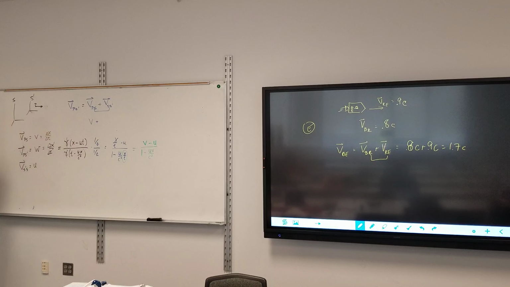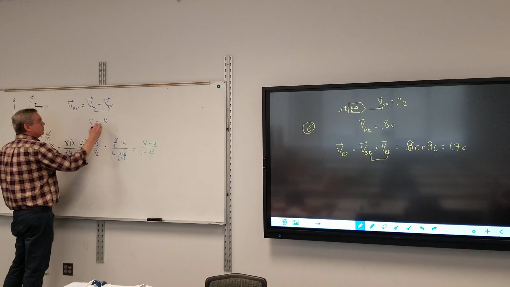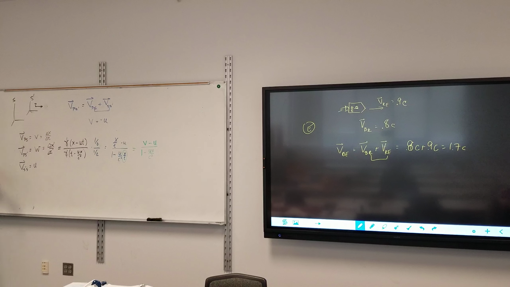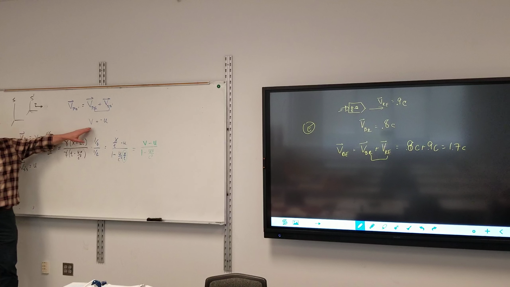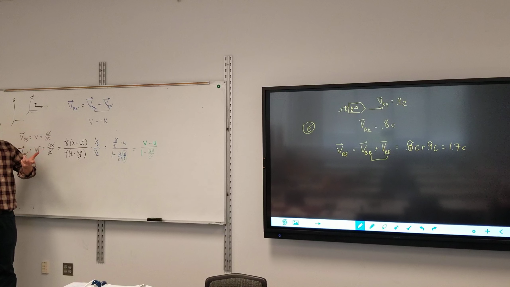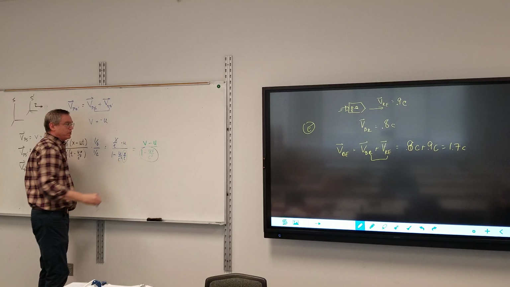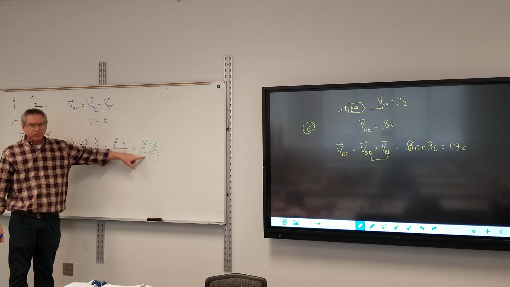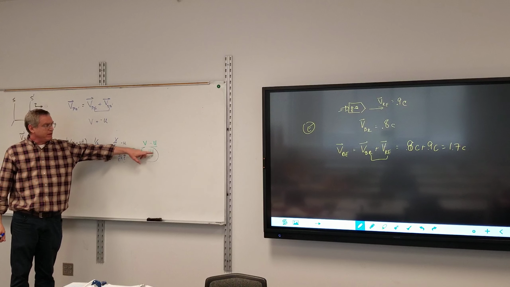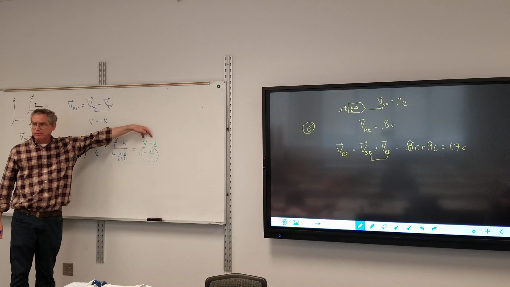The velocity of S with respect to S prime, well, if S says that S prime is going that direction at the speed of u, then S prime says S is going the other way at speed of negative u. So in Galilean relativity, the velocity of P with respect to S prime would be v minus u, but in special relativity, we have to have this extra factor on the bottom. These signs will be the same, they're both negative, and v and u are at the same speeds we have up here.